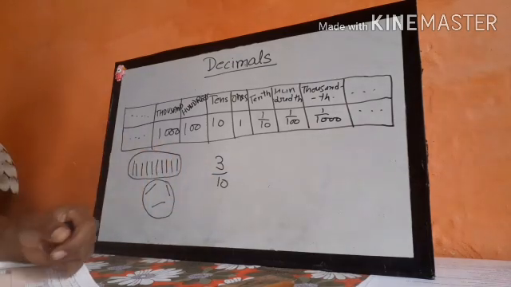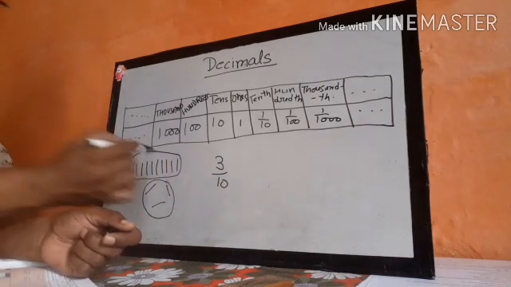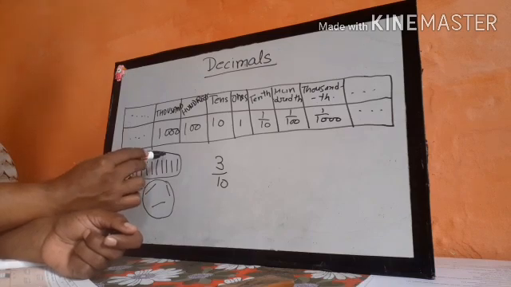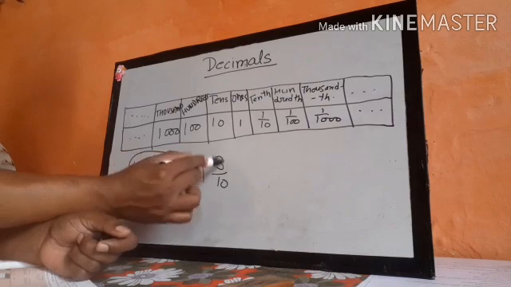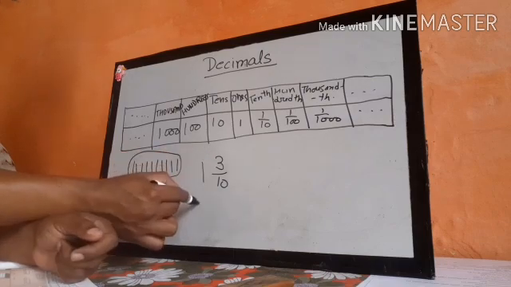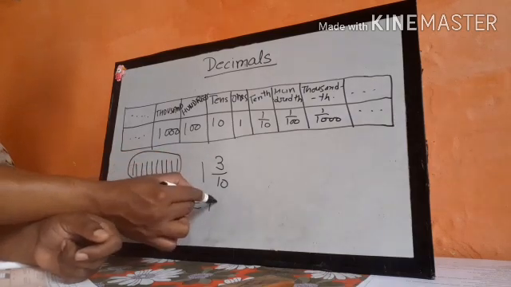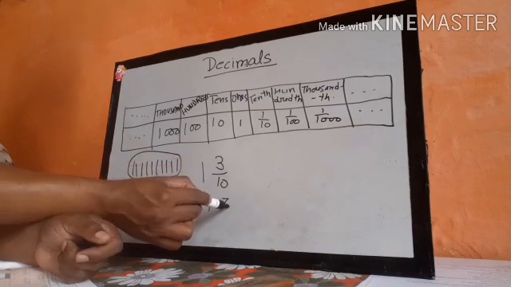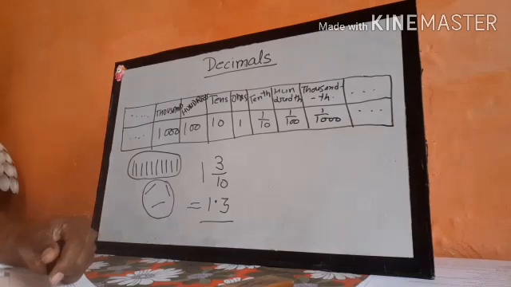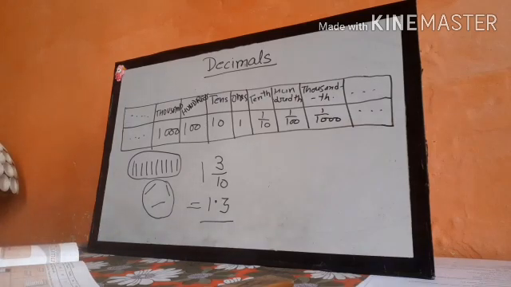This group is taken as a whole, so it becomes 1. Now represent this fraction as a decimal. The whole is always whole, so 1, and 3 upon 10 can be represented as 0.3, as we did in previous classes.